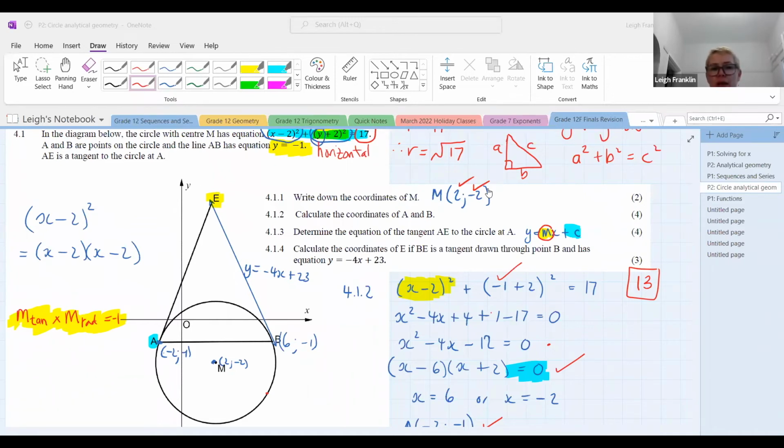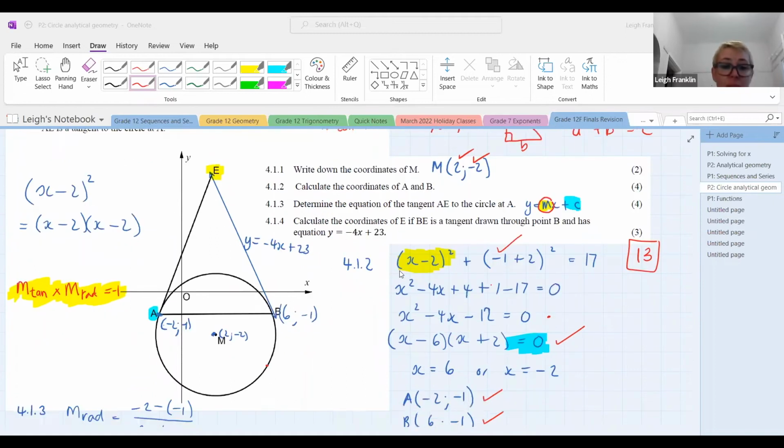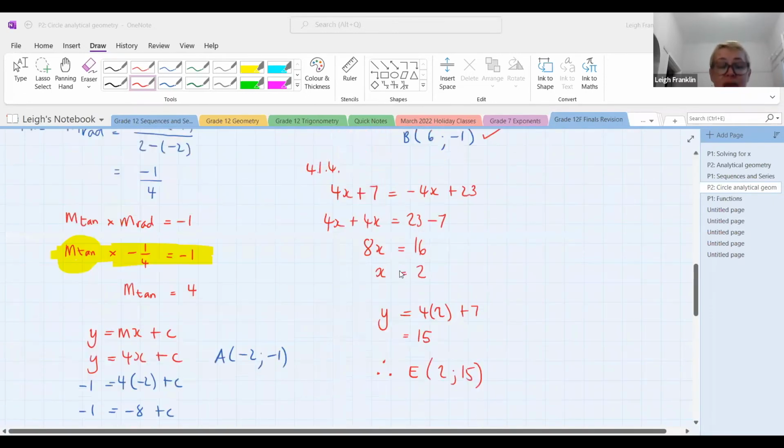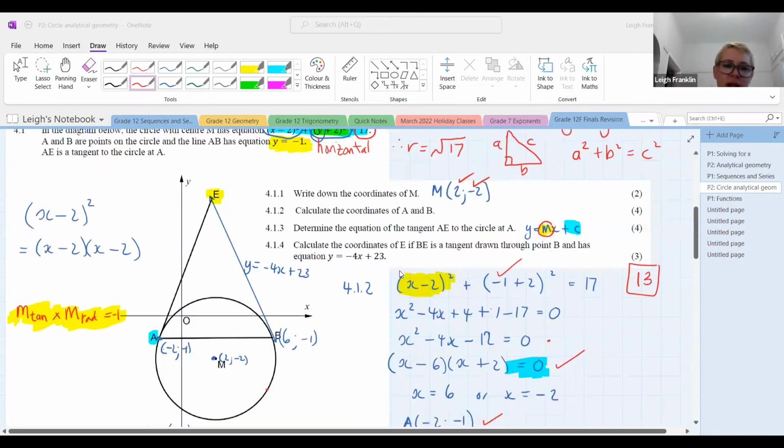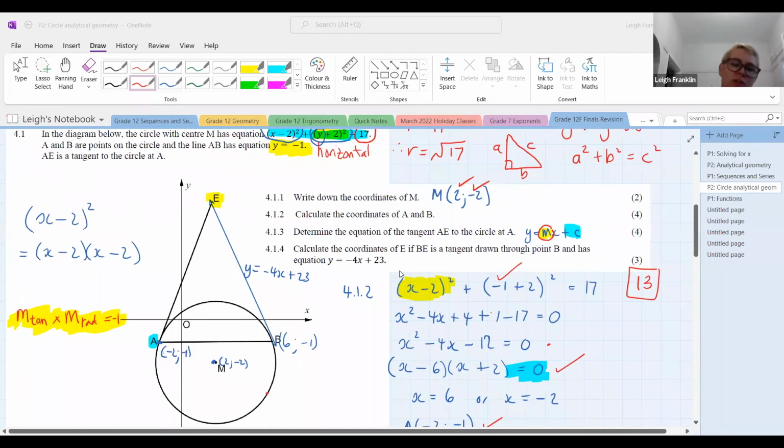We also cannot make the assumption that E is in the same vertical line as M. It may work out that it is, and it does in this case, but it doesn't necessarily mean that it's going to be, because E could be moved to the left or moved to the right. It just so happens that it is.